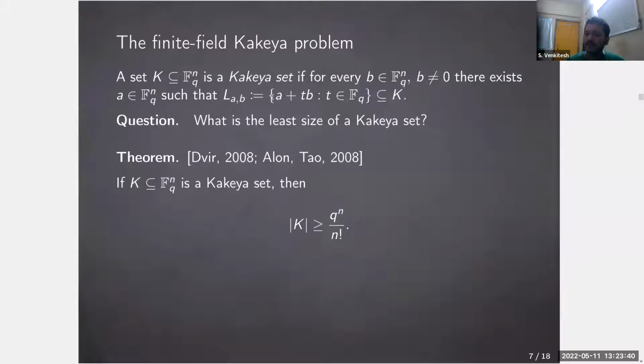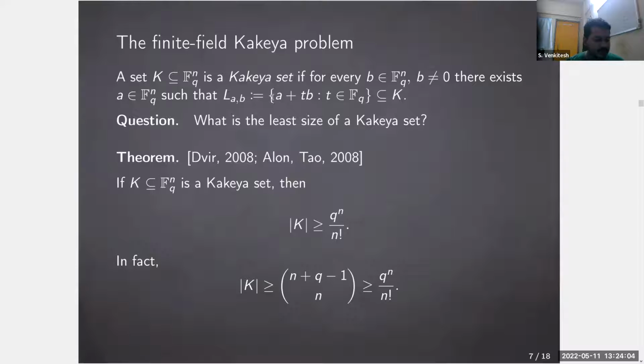The proof is via the polynomial method, due to a simple observation. What they really show is that the Kakeya set has size at least n plus q minus 1 choose n, which is lower bounded by binomial estimates by q to the n by n factorial. So what we are going to consider in this proof are polynomials in n variables of degree at most q minus 1.